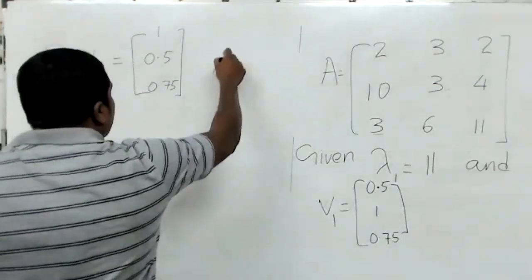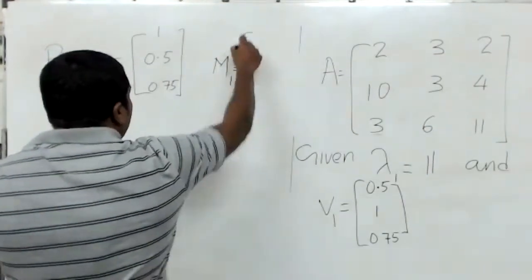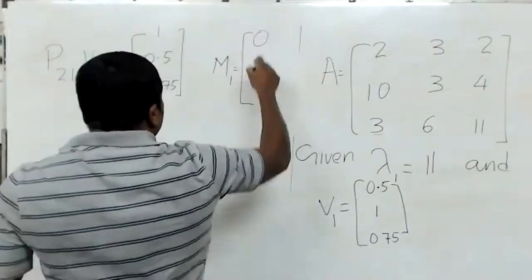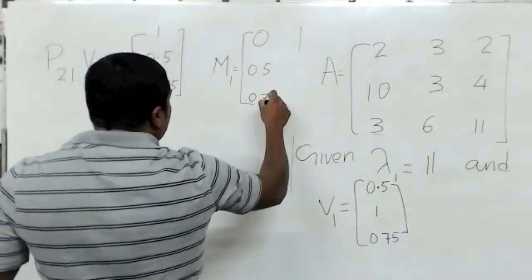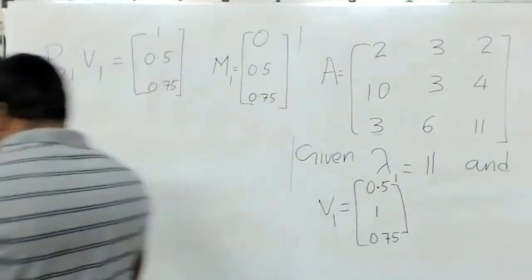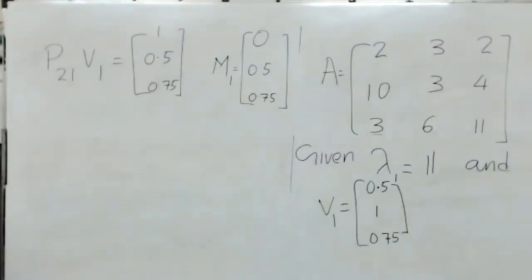So now what I do is I choose my M1, which you learned in chapter 1, 0, 0.5 and 0.75. I interchange the rows. So then you know that this.